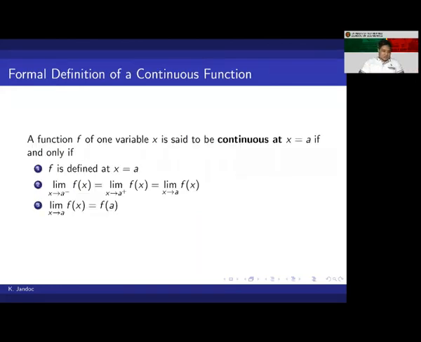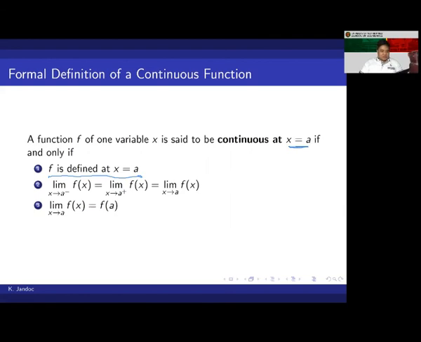More formally, we have a function f of one variable x. This function is continuous at x equals a certain value a if and only if, first, f is defined at x equals a. In the example a while ago, at x equals 1 the function was not defined.